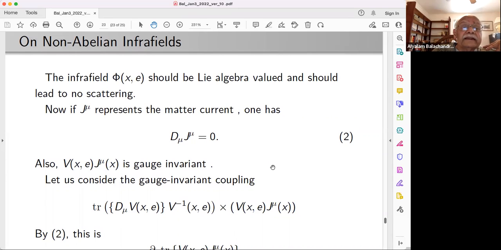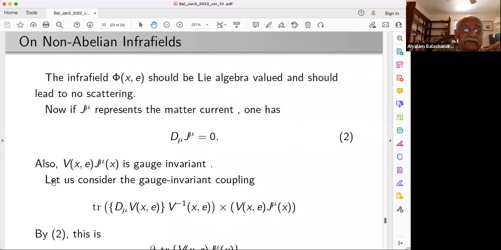What about non-abelian infrafields? So is there an analog of the Escort field for the non-abelian case? It appears that there is. But here the calculations are not accessible to me. I don't know how to do it. But at the level of not worrying about renormalization and so on, if J mu represents the matter current, we know that J mu is covariantly constant.